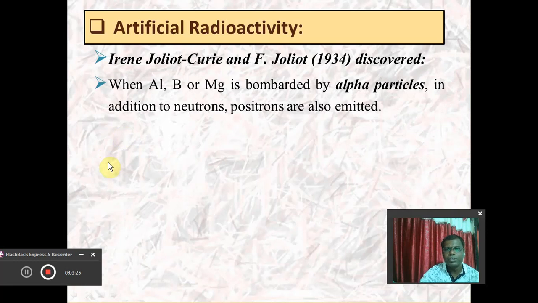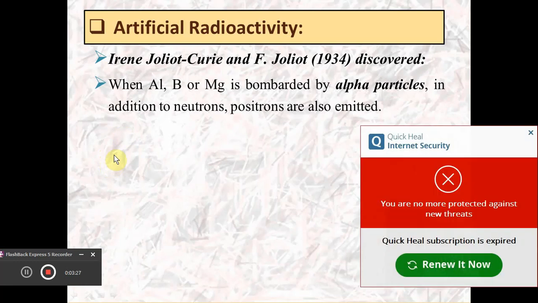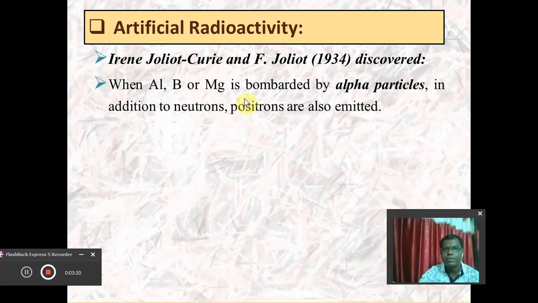Initially it was observed by the scientists Irene Joliot Curie and F. Joliot in the year 1934 that when elements like aluminium, boron or magnesium were bombarded with alpha particles, then in addition to neutrons, positrons were also emitted. What was expected is that neutrons should be emitted as ejected particles, but they observed that in addition to neutrons, positrons are also emitted.